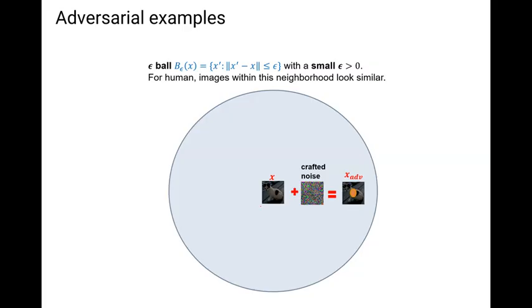The difference is that the original image you classify as a cat, but this adversarial example you misclassify as something else, for example a dog. This is what we call an adversarial example, and it is still within this neighborhood.